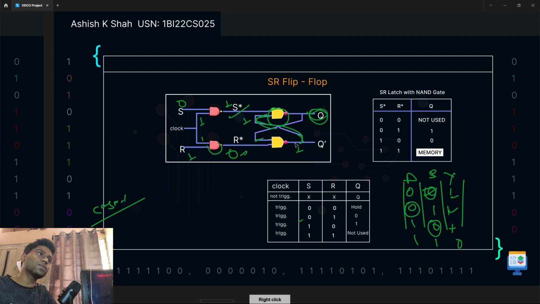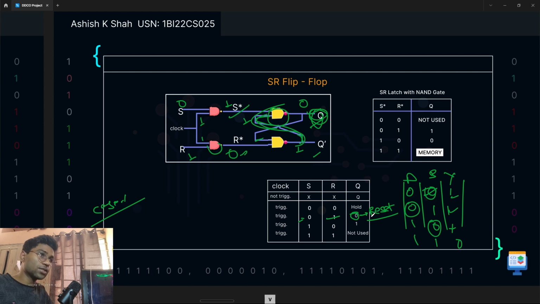Present input as well as past output. So 1 1 will give 0. Now you can see here Q is 0 and Q dash is 1. They are complements of each other. As I told you, as you can see in this truth table, if we apply S equal to 0 and R equal to 1, then it is giving us 0 output, and it is a reset mode.